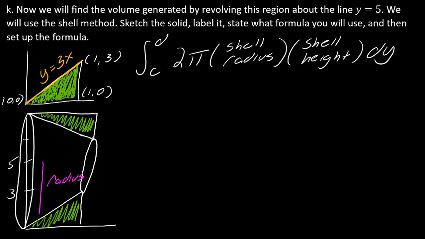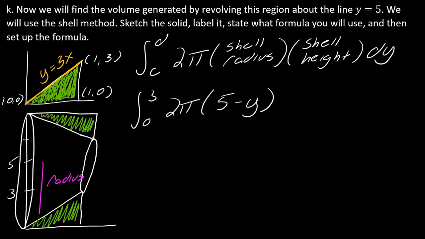Obviously I have to make an adjustment to my radius because I'm not rotating about just a normal axis. Here's how my radius is structured, and I can see here 5 will be the highest point, and whatever y value I have will be the lowest point. So my radius will be 5 minus, or sorry, I said x, I meant y, because everything needs to be in terms of y. So 5 minus y, there's my radius, okay?